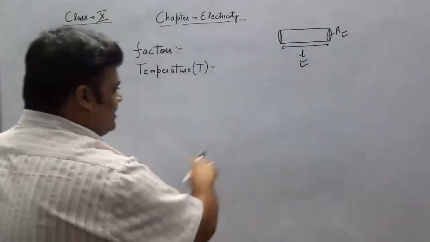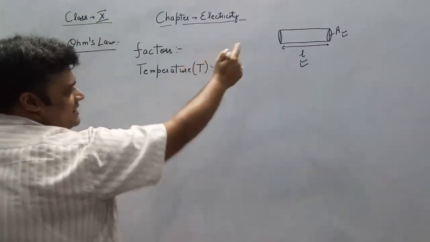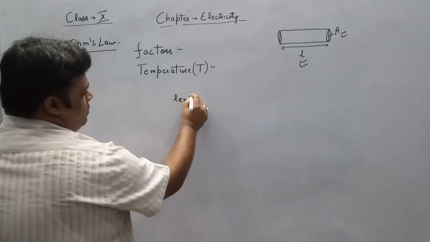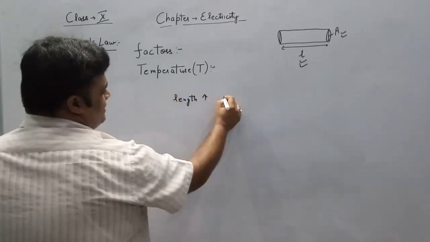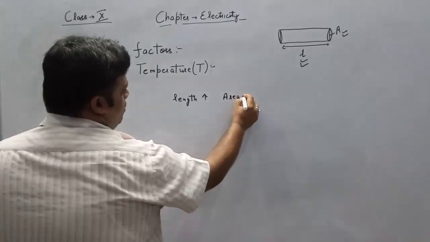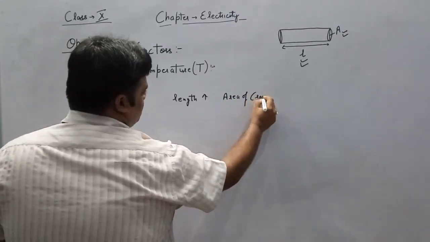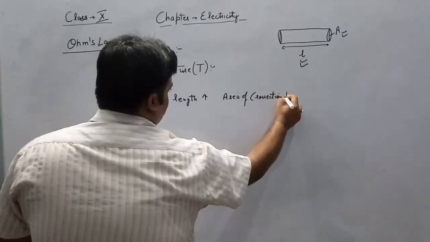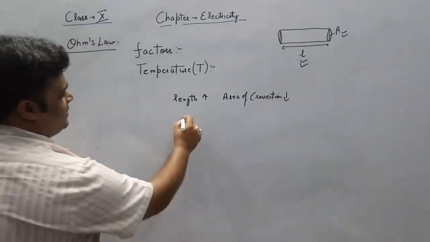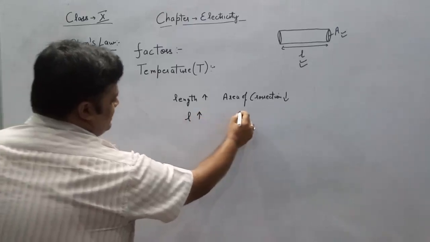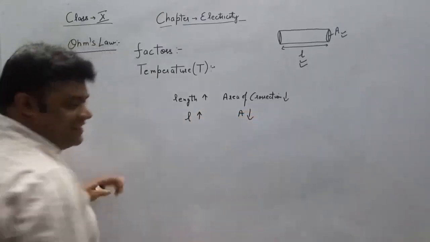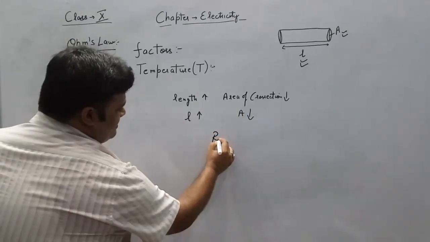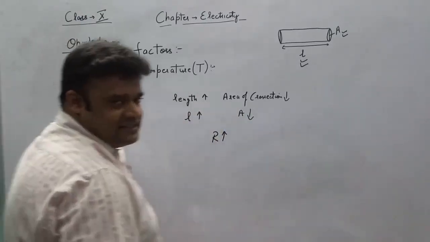What we are discussing here, when we increase the temperature, length of the material will increase and area of cross section will decrease. These two conditions which we have already discussed, if length will increase and area of cross section will decrease, in both the cases resistance of the material will get increased.